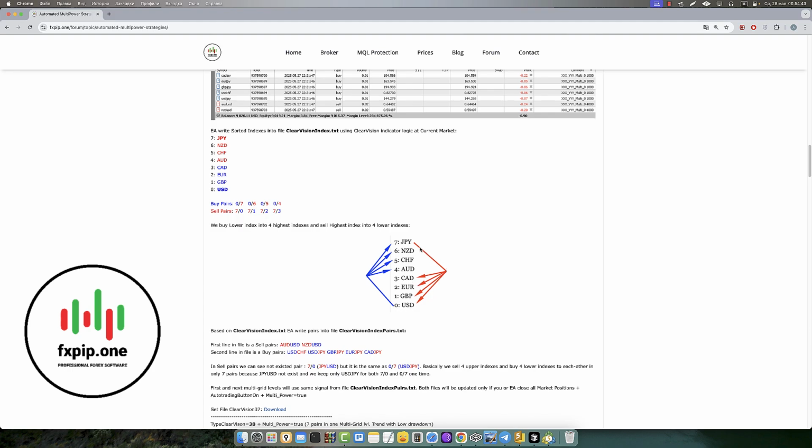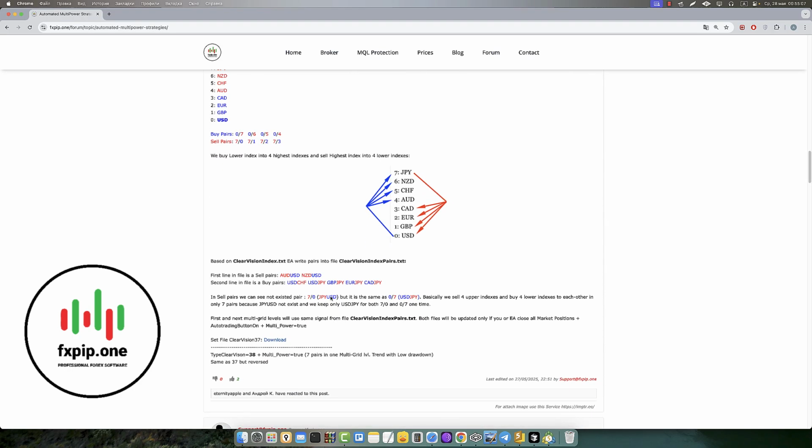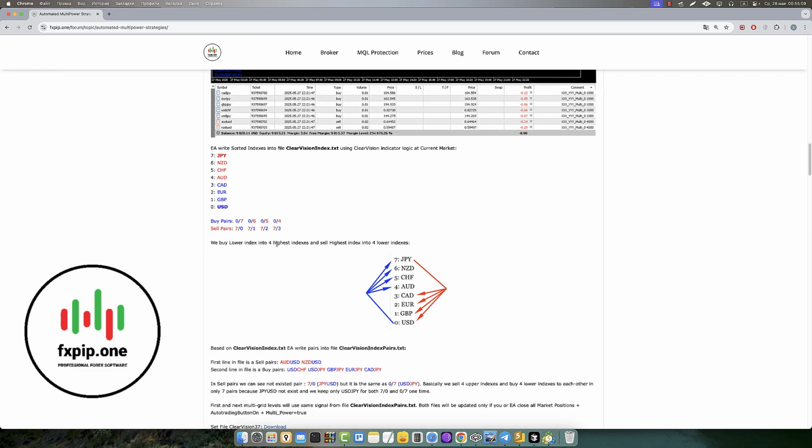We form those four pairs with JPY. Same we are doing here. So we buy USD and we sell these four currencies and we form these four pairs. But the question is that USD JPY is the same pair here. This is why we have not 4 and 4, we have only 7 pairs here.